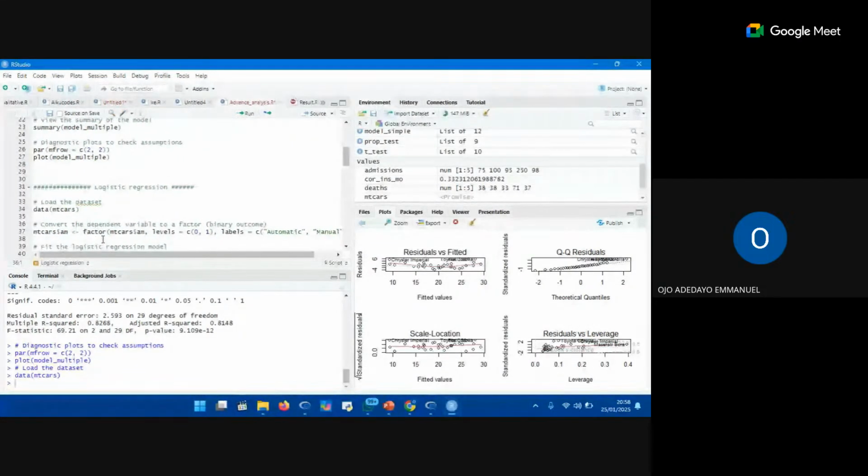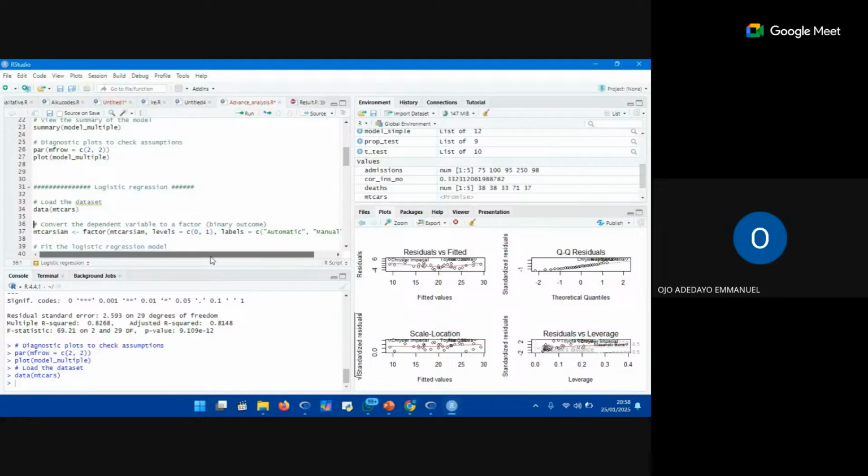So it's either your car is automatic or manual, which means we have two outcomes. The automatic will take 0 and the manual will take 1.